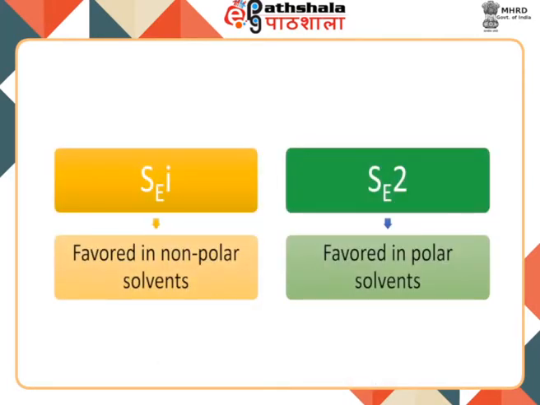If the solvent has only little nucleophilic character, then the electrophile with suitably placed assisting functionality may predominantly assist the reaction, turning the reaction in favor of the SEi mechanism. However, when a bimolecular reaction takes place in a polar nucleophilic solvent, then coordination of solvent to the metal atom in the transition state would lead to the SE2 mechanism. Thus, SEi will be favored in non-polar solvents and the SE2 mechanism in polar solvents.